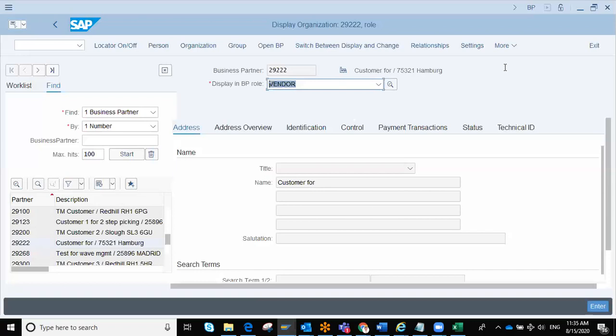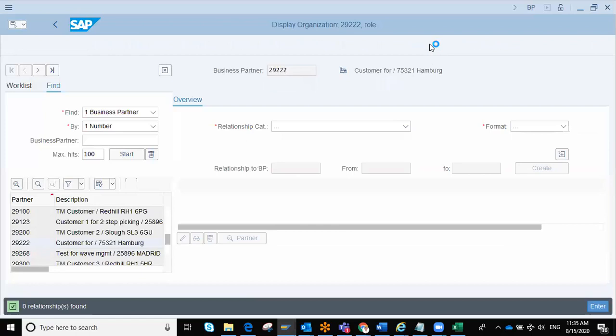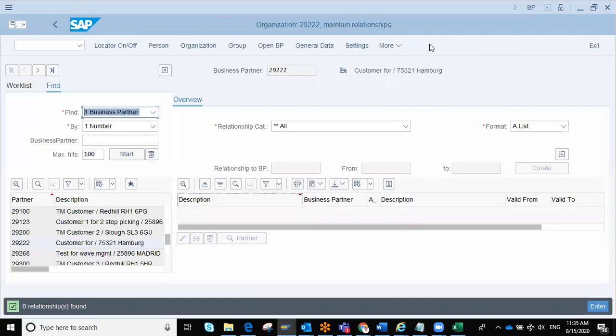So we have very specific relationship targets here also. There we can see all these relationship categories at the different levels. So a business partner can be defined at the personal level, organization level, or maybe at the group level.